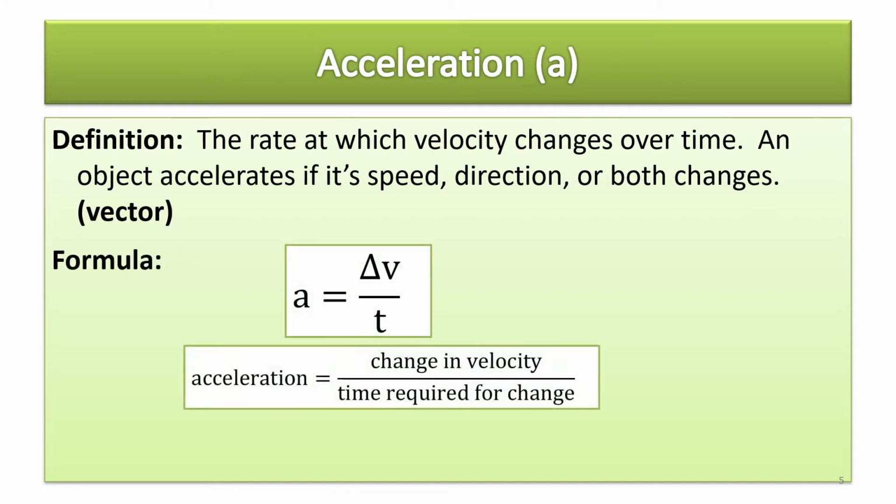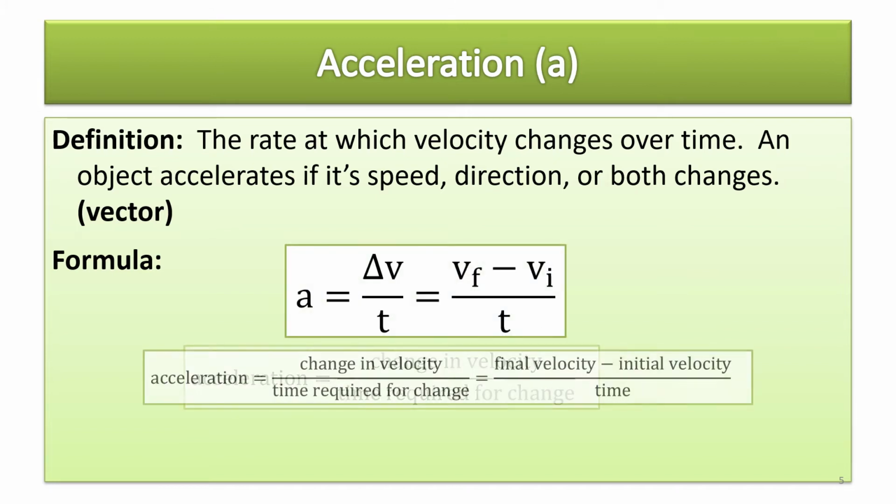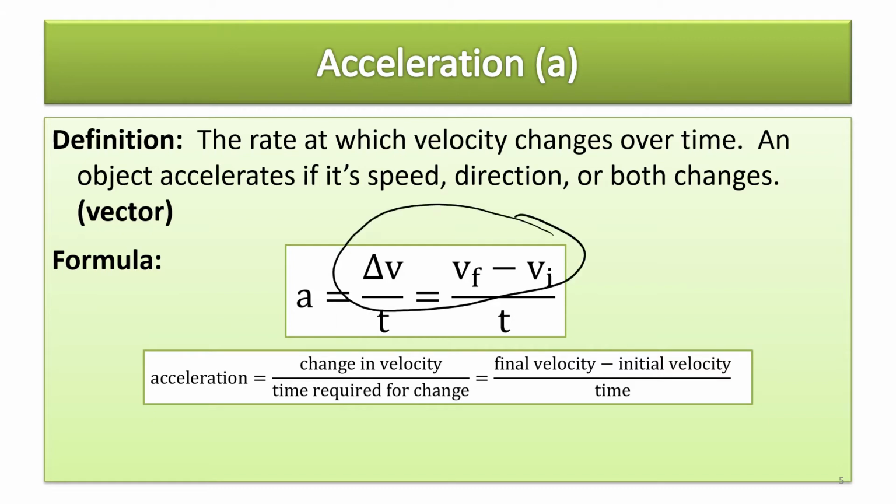So the formula, A is equal to delta V over T, is the change in velocity divided by the time for that required change. You might see it as Vf minus Vi, the final velocity minus the initial velocity, because that's just writing out the change. The change is the final minus the initial.